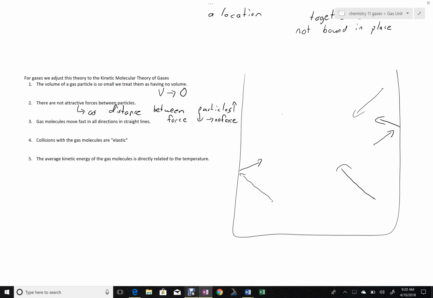When they bang into the side of the container, we consider those collisions to be elastic. What does elastic mean? It means they don't lose any motion when colliding.